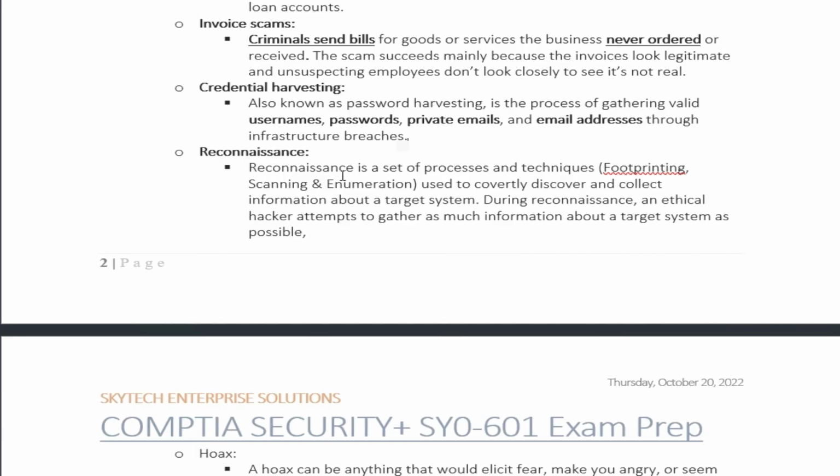Later, they can do so many things. And that's why a lot of companies have password reset policies which say every 72 days your password needs to be reset, every 30 days, every 15 days, et cetera. It's because of credential harvesting.